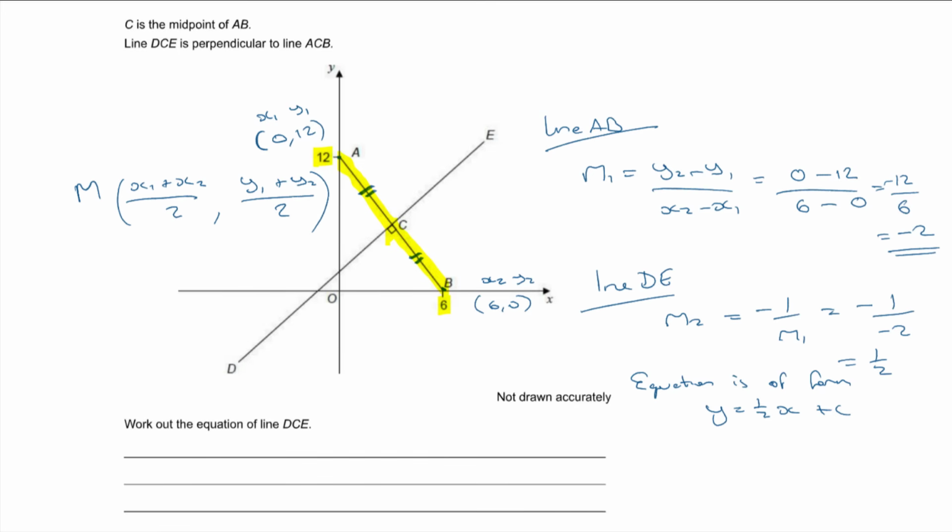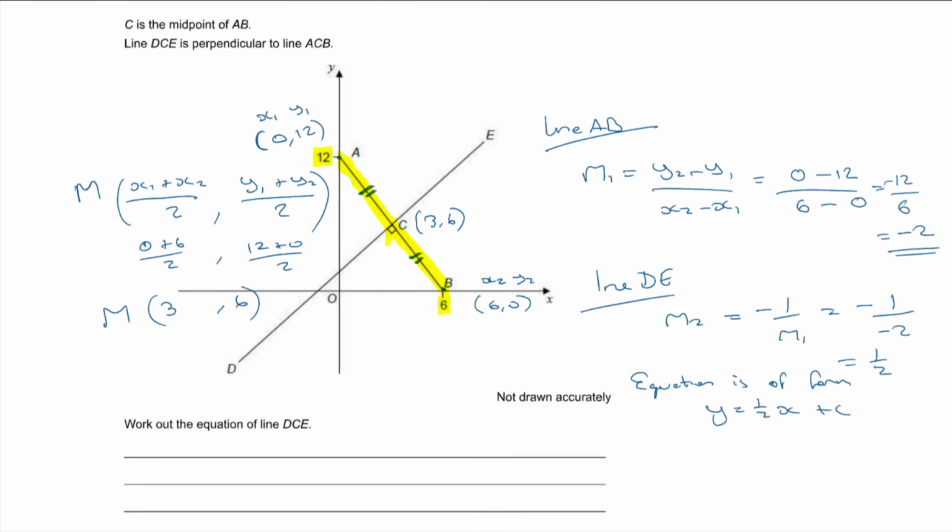So the x coordinates are 0 and 6, so that averages out to 3. And then the y coordinates are 0 and 12, and that averages out to 6. Okay, so the midpoint of my line is going to be 3, 6. So that's the point C, isn't it?